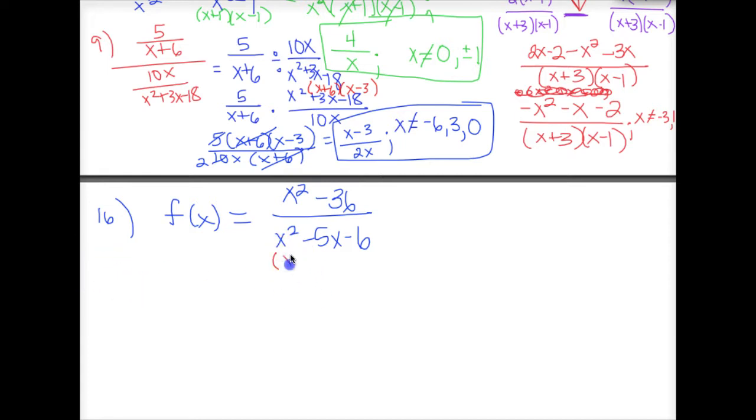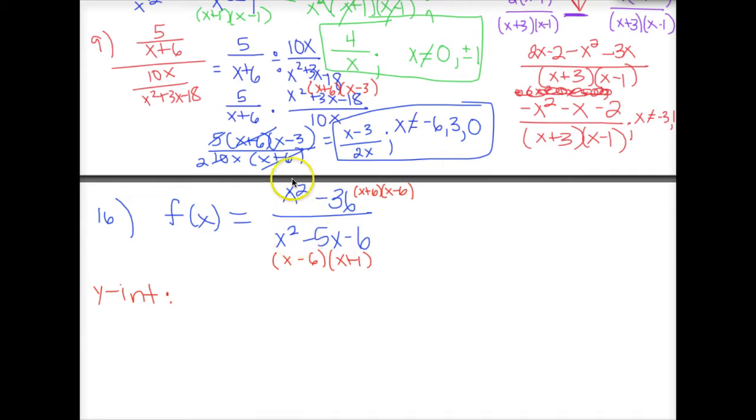Now, it does not matter whether you want to look at the factored version here or the unfactored version. There are some pieces of what we have to do where one is an advantage or the other is an advantage. But if I'm trying to find the y-intercept, that means I'm plugging in 0 for x.